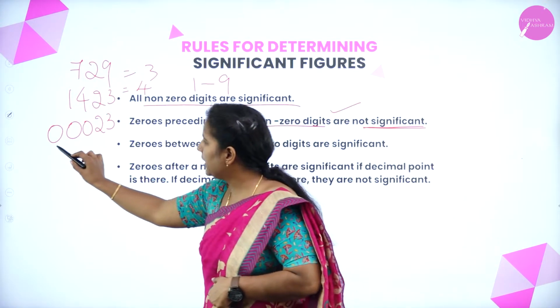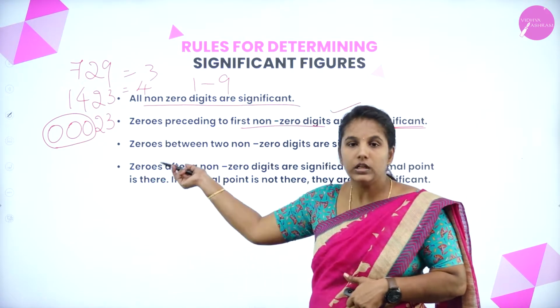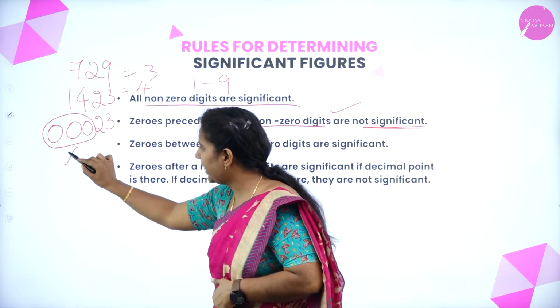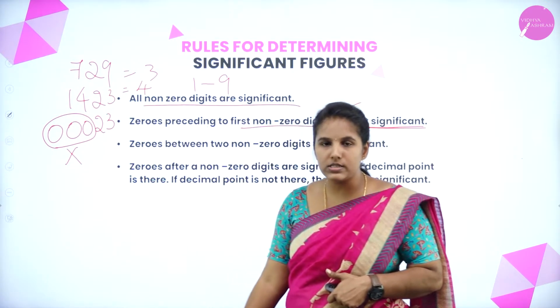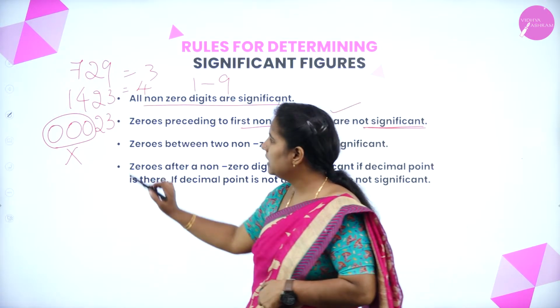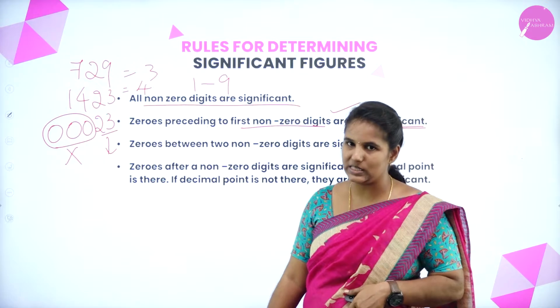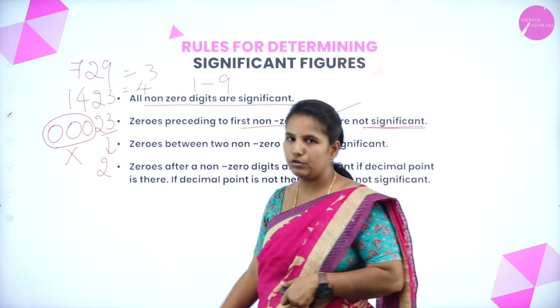So here you can see that so many zeros are there just before the non-zero digits. In such cases, we should neglect the 0 which comes before the non-zero digits, and then we take only the non-zero digits. Okay. So here the significant figures is 2.